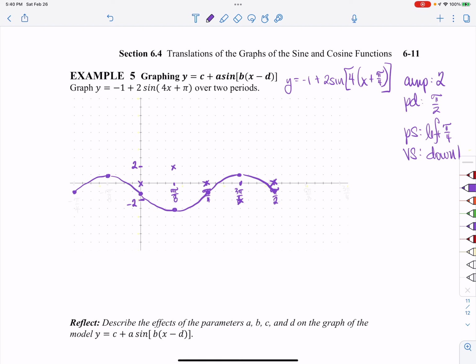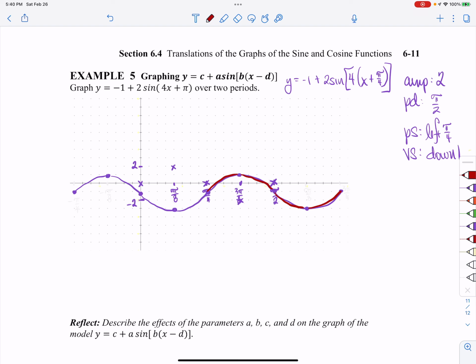It used to be an x-axis, but it was shifted down 1. And then we have a minimum. And then back to what would have been the x-axis, shifted down 1. So this one right here is my second full period that is drawn.